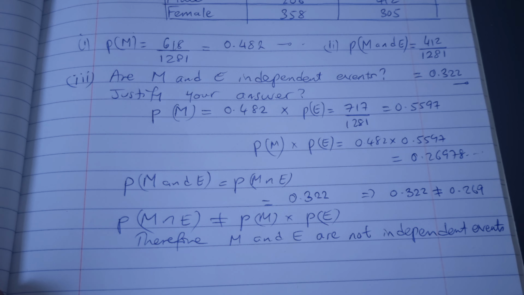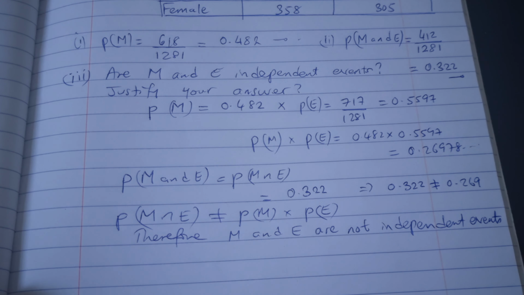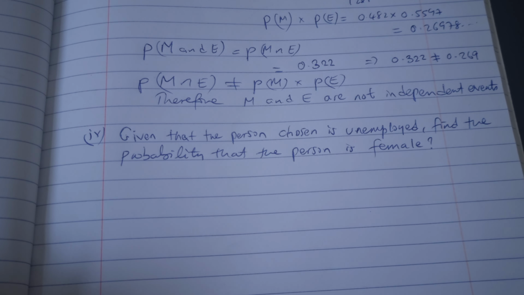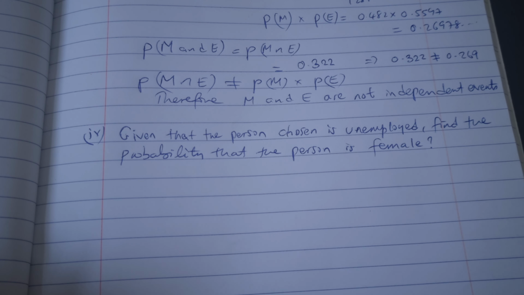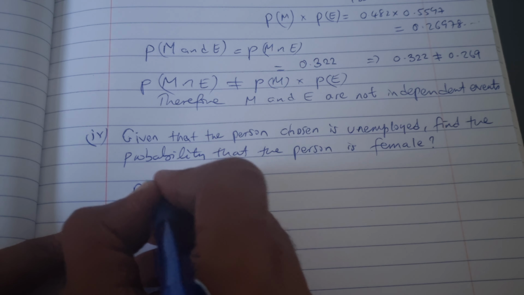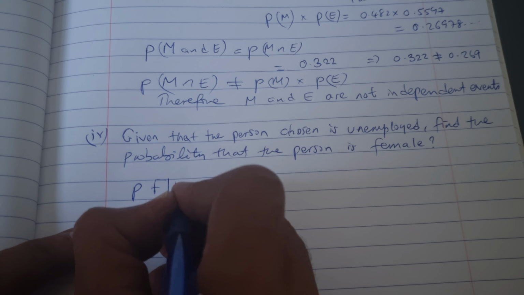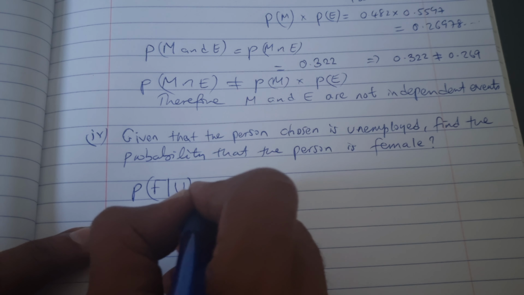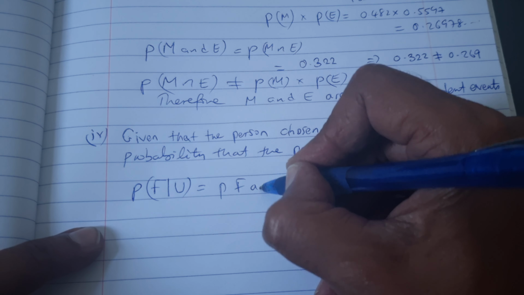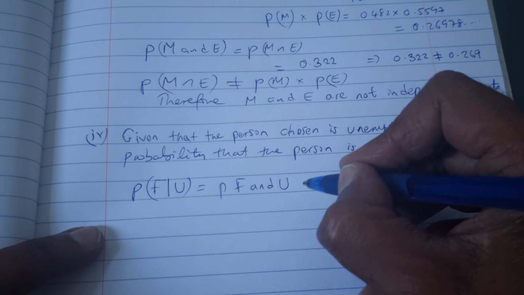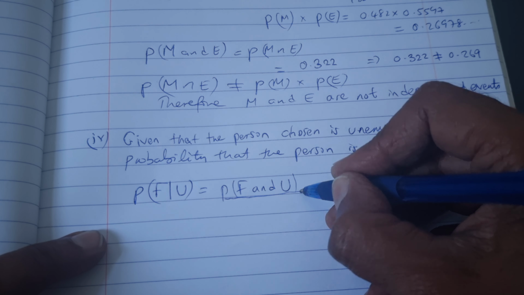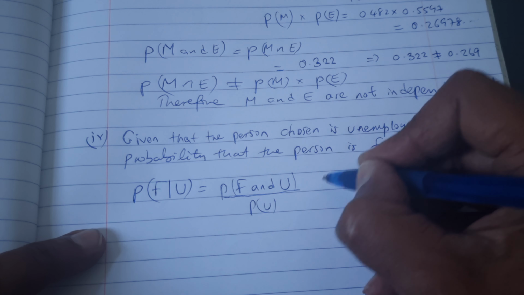Right, so now what about the fourth part of the question? Given that the person chosen is unemployed, find the probability that the person is female. So we need to find the probability that the person is female given that the person is unemployed. So what we have then is female and unemployed, divided by the person being unemployed.